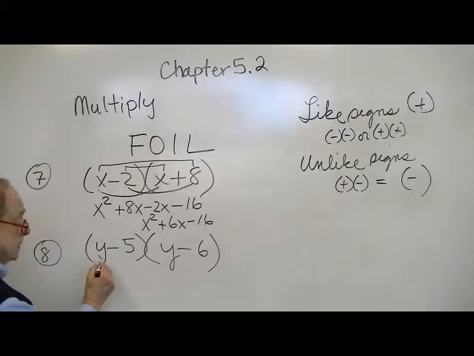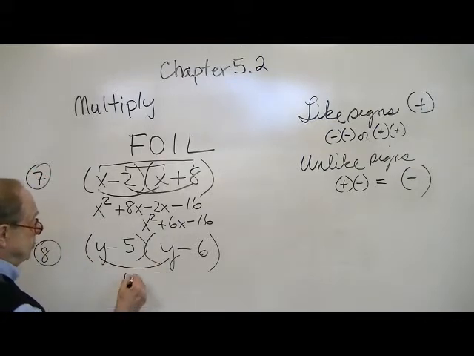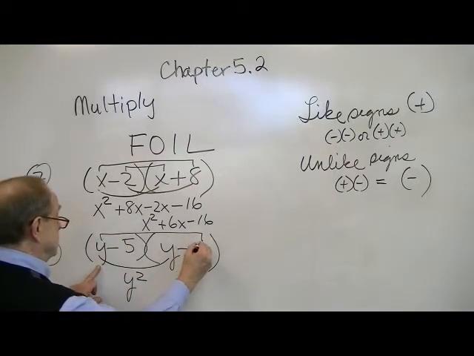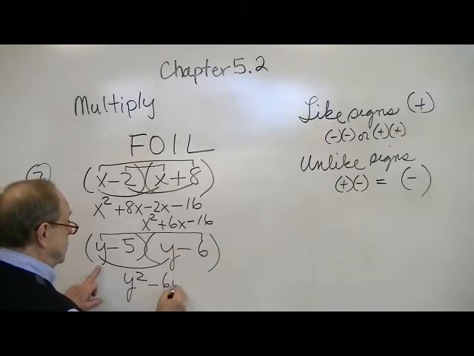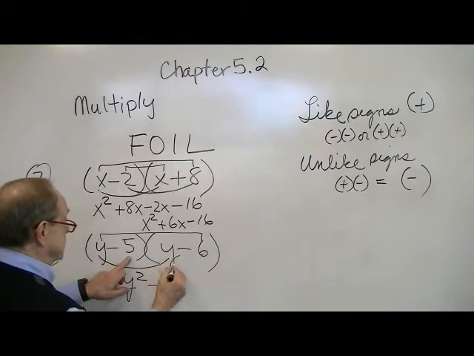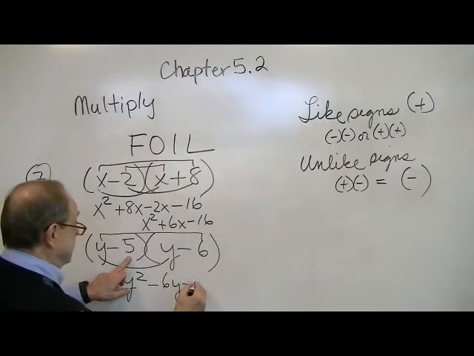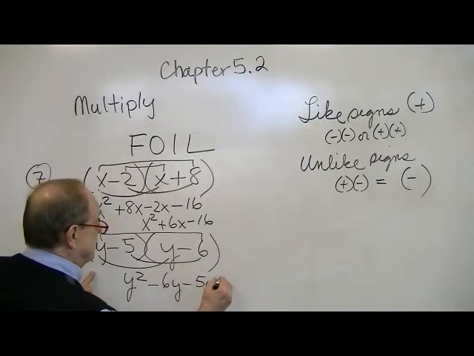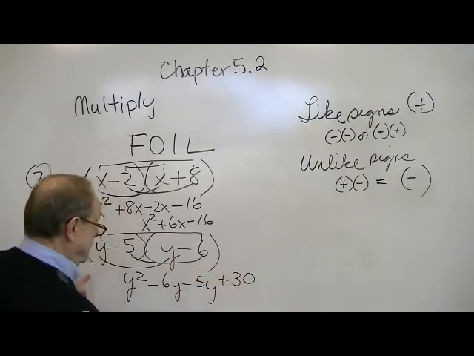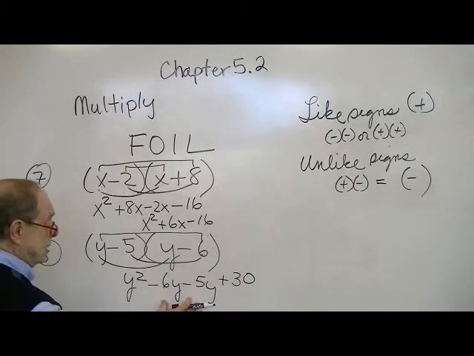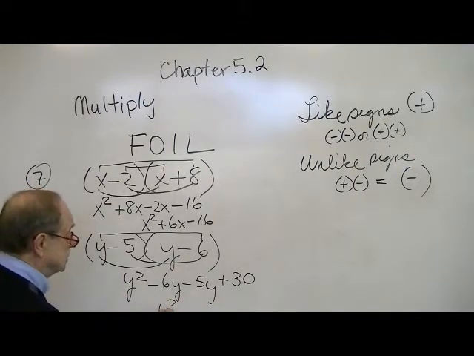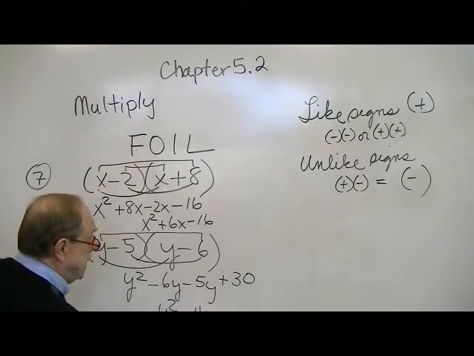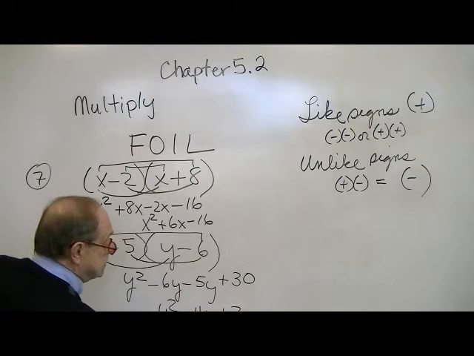Okay, again, first, this will be y squared. Outers, a negative 6y. Inners, a negative 5y. And then last, a positive 30. And then grouping our like terms, y squared minus 11y plus 30.